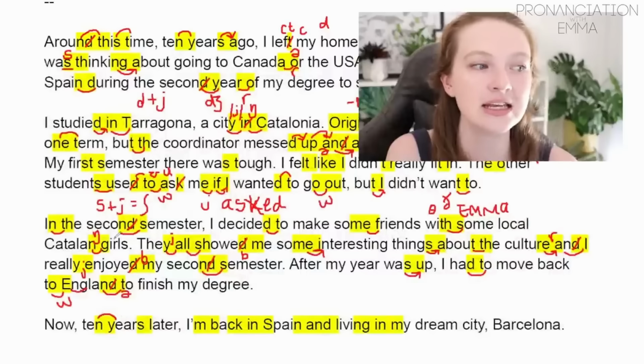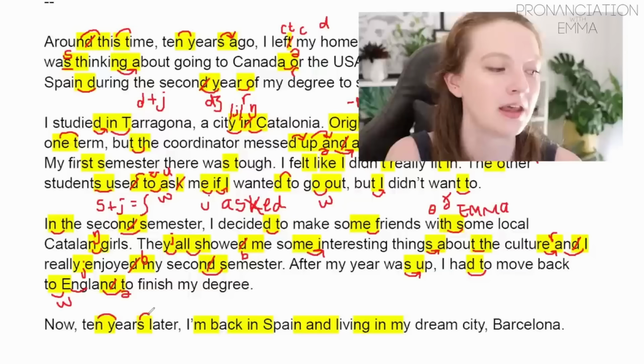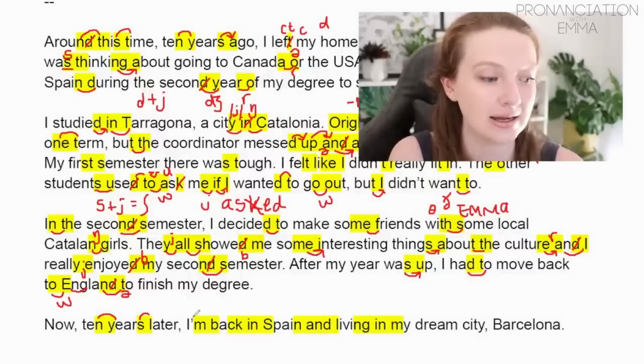Where was it? 10 years ago, 10 years later, years later. We're connecting those together. My tongue is transitioning between that z and l, later.